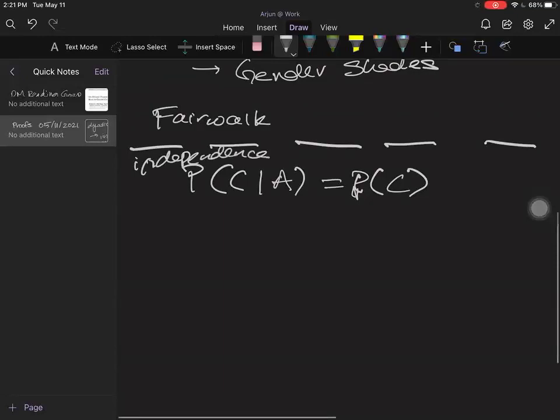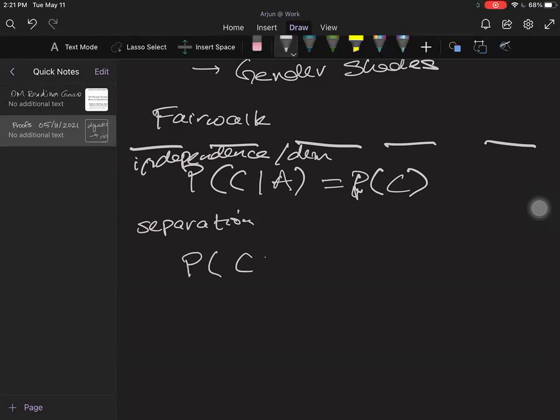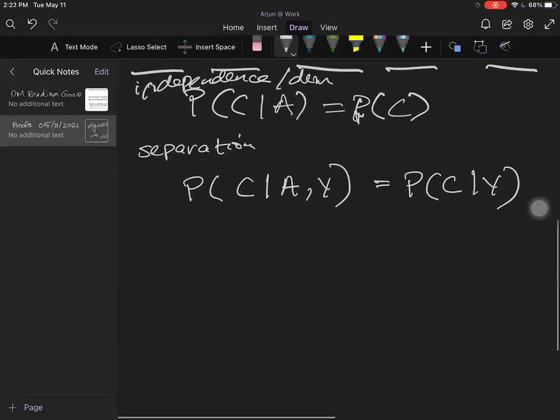So this is independence, and it also goes by the name demographic parity. Both of them are the same thing. There's separation, in which the probability of C given A and Y is going to be equal to the probability of C given Y, where C is the random variable representing the prediction of the classifier, A is the sensitive attribute, and Y is the random variable representing the ground truth labels corresponding to each of the examples in our sample.